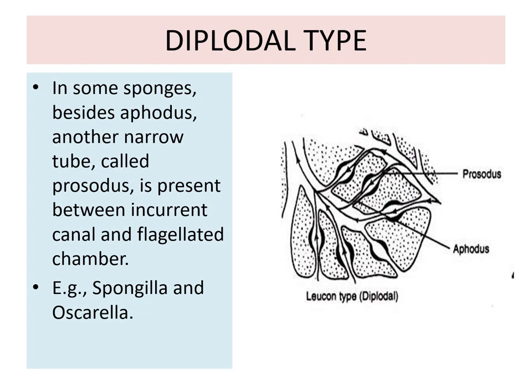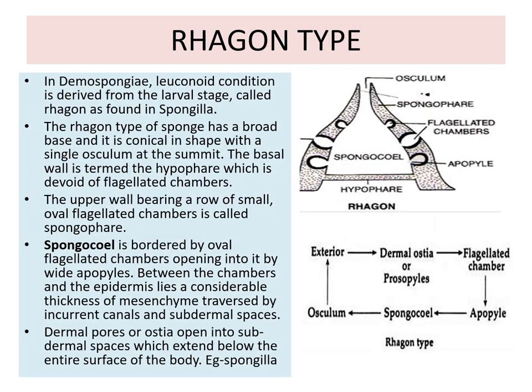Now next is the Rhagon type. The Demospongiae leuconoid condition is derived from the larval stage called the Rhagon. It is found in the larvae of Spongilla. The Rhagon type of sponge has a broad base and is conical in shape, with a single osculum at the terminal end.